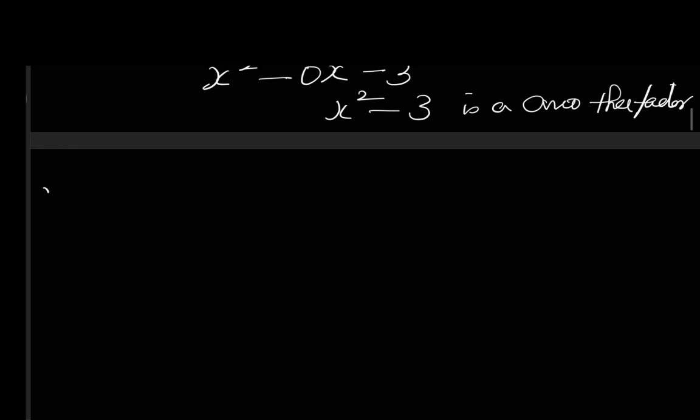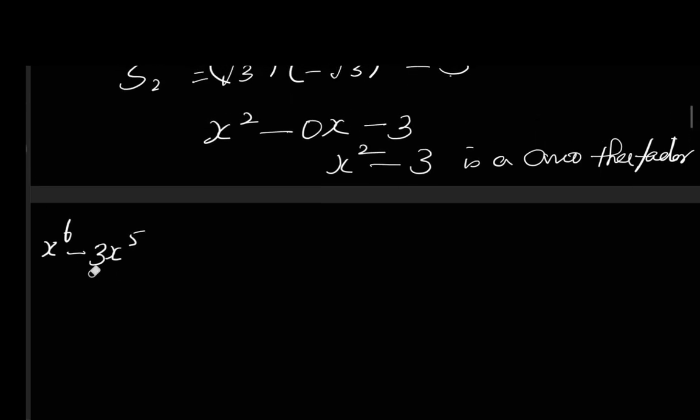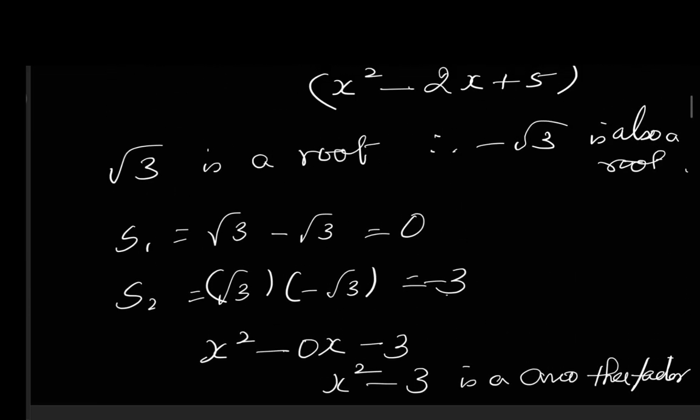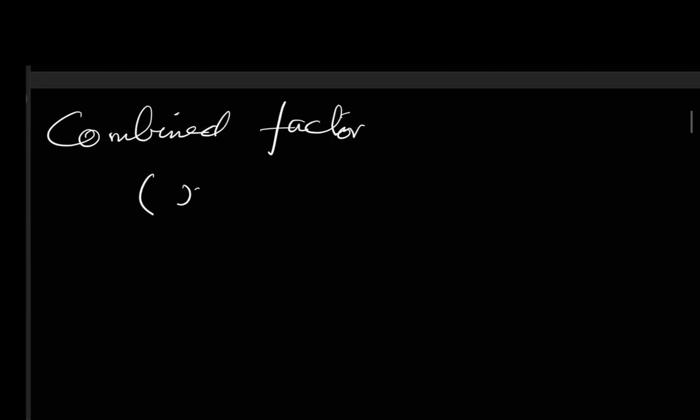So let me write the whole expression and equate it. Before doing this, you just multiply these factors. Therefore the combined factor is x squared minus 2x plus 5 into x squared minus 3.